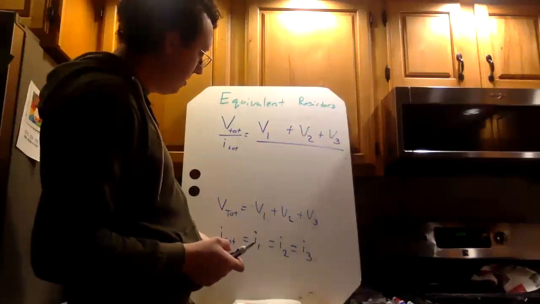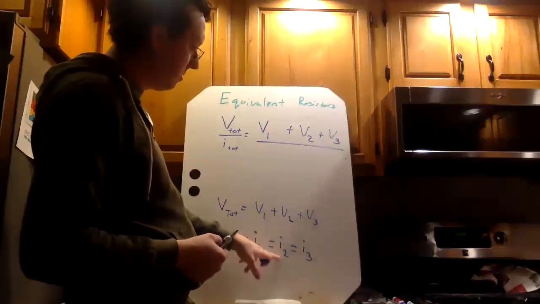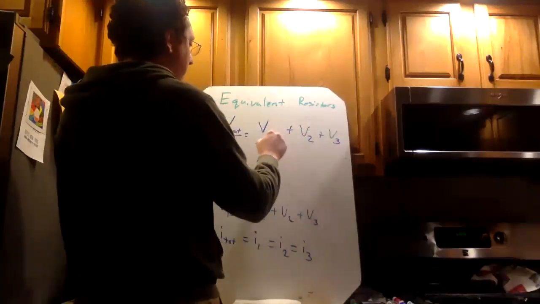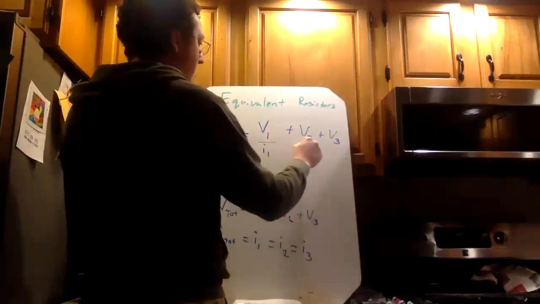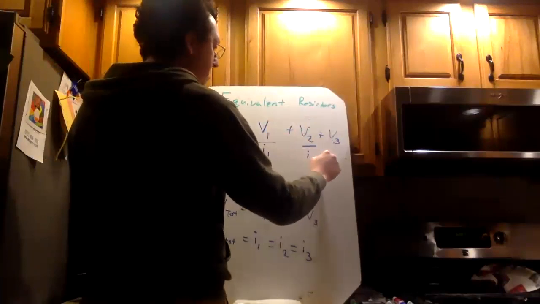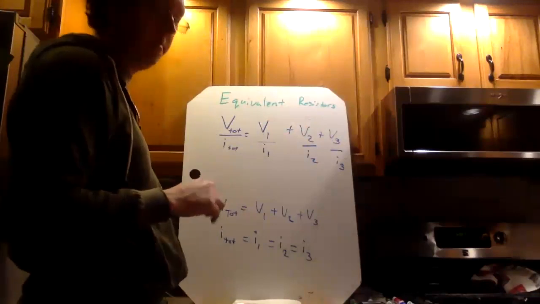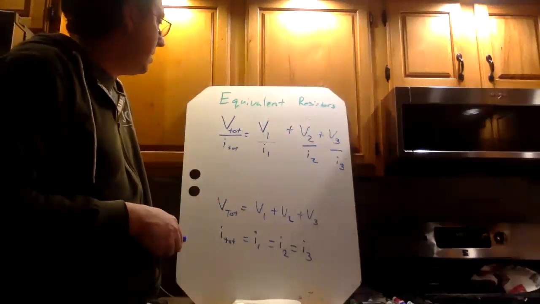But since the total current is the same as the current through 1, the same as the current through 2, same as the current through 3, I'm actually going to distribute this and write this as this divided by I1. And over here I'll write it as I2. Over here I'll write it as I3. Now these denominators are all the same, but I'm just writing it in a suggestive way.